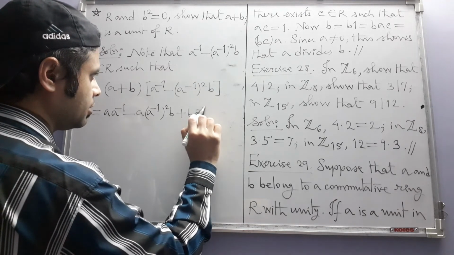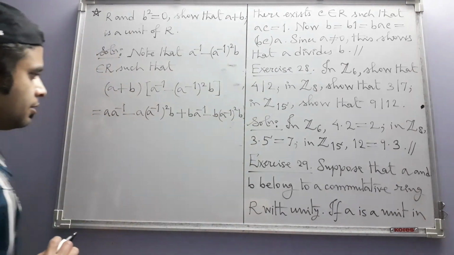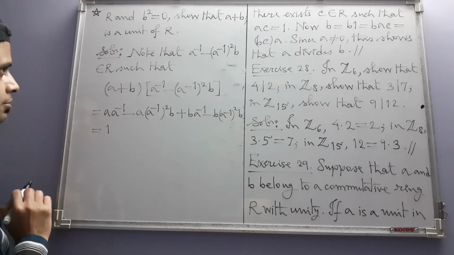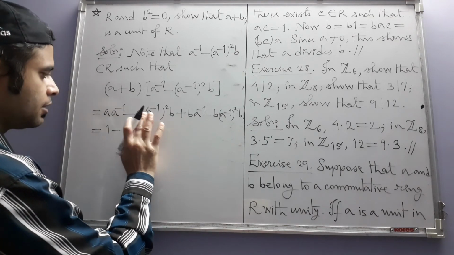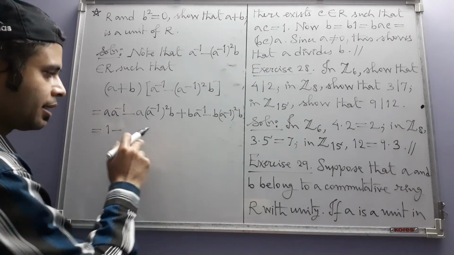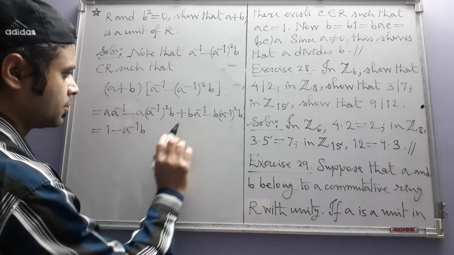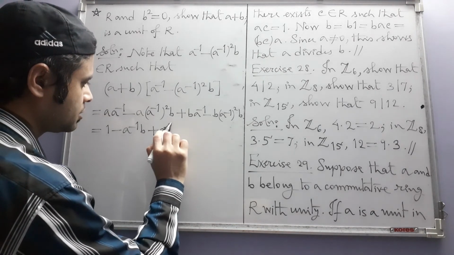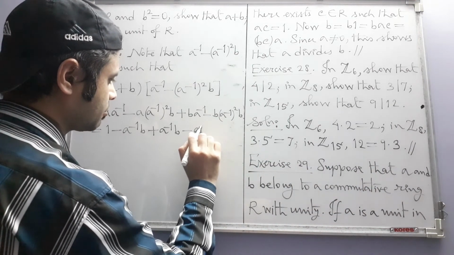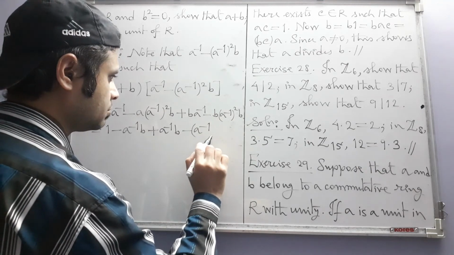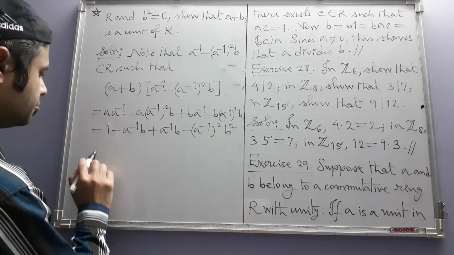plus BA inverse minus BA inverse whole square times B. This is 1, 1 is of course the unity in the ring, minus 1 A inverse, and A gives us 1. That vanishes and we are left with 1 A inverse. BA inverse can be written as A inverse B because the ring is commutative. And here we can write the last term like this, again because the ring is commutative.